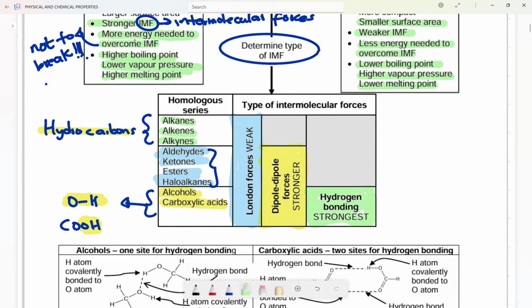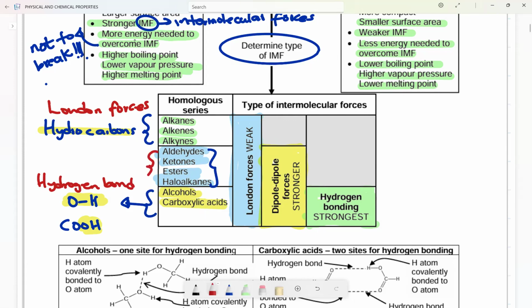But that's not what I want you to learn. I want you to learn that hydrocarbons have London forces. Alcohol as well as carboxylic acid have hydrogen bonds.